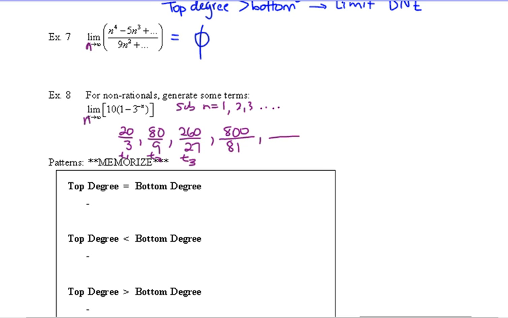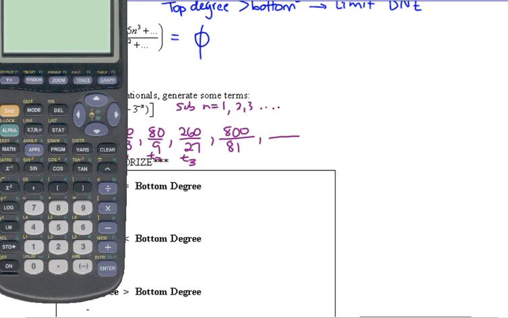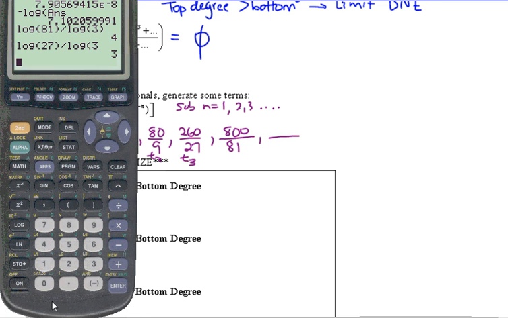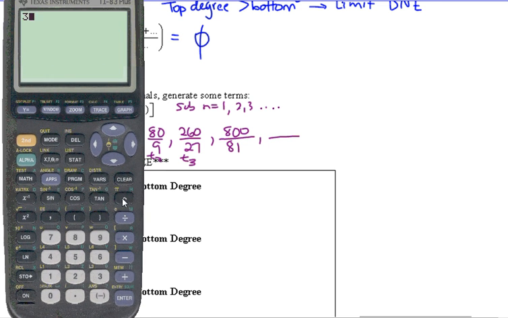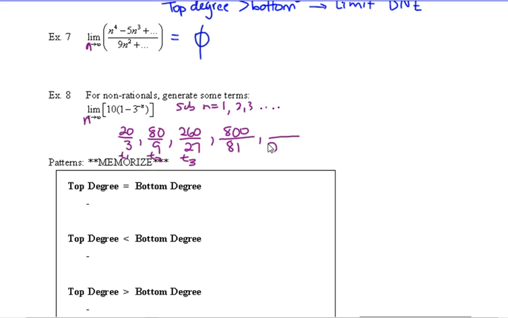What is 3 to the power 5 equal to? 243? So the term is 2,420 over 243.